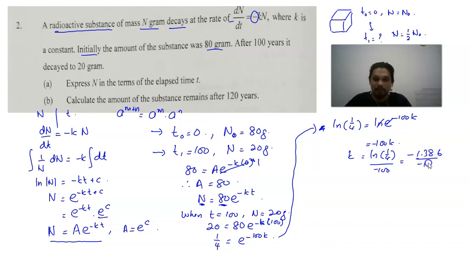Divided by negative 100 equal to 0.01386.